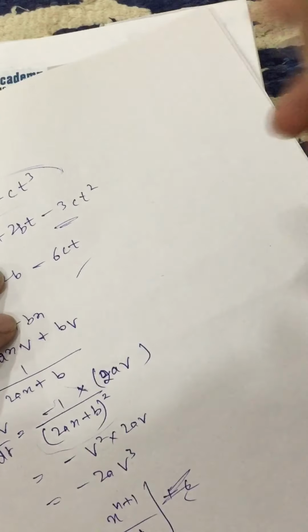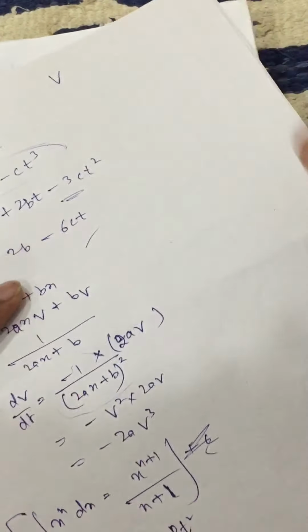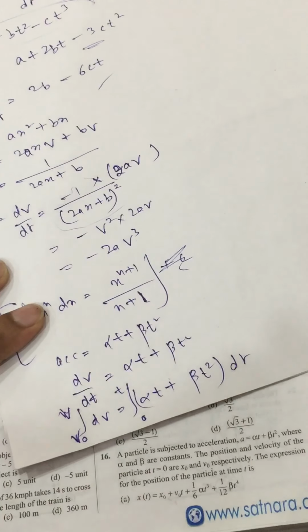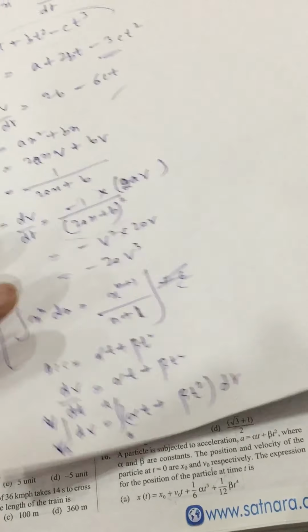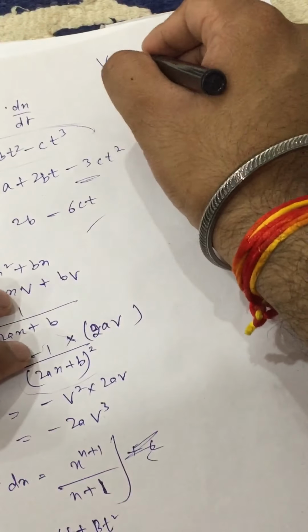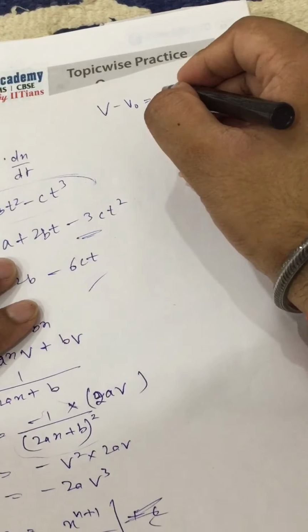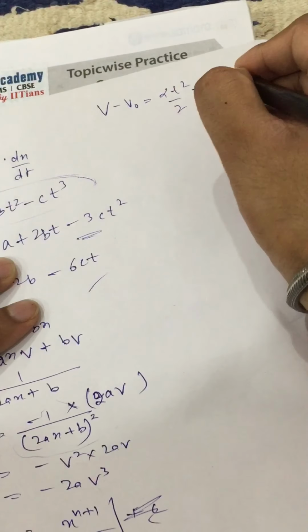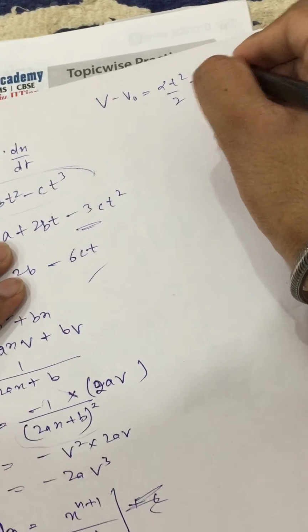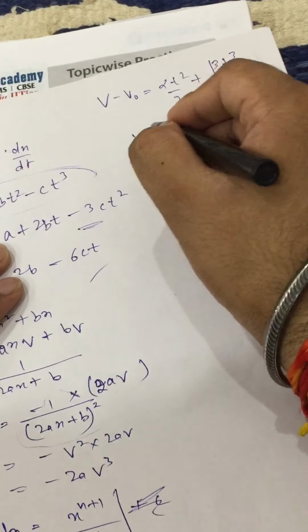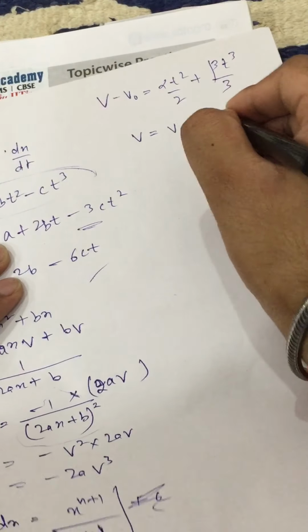So dv's integration is v. It becomes v minus v naught, and alpha t's integration becomes alpha t square by 2 plus similarly beta t cube by 3. T squared integration is t cube by 3. So v is v naught plus alpha t square by 2 plus beta t cube by 3.